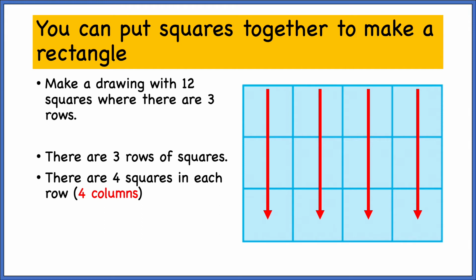Making a rectangle in this way is like covering a rectangle in squares with no overlaps or gaps. I hope that you are beginning to see that this tiling or arranging of squares looks like an array because the squares are lined up in rows and columns.